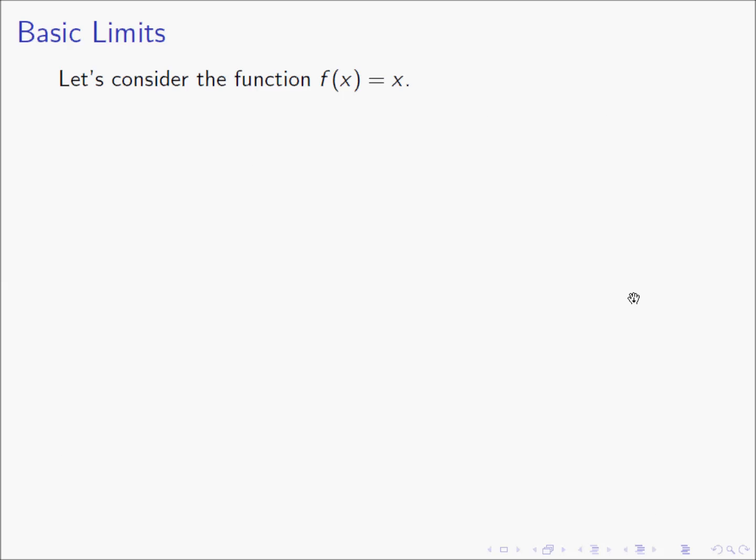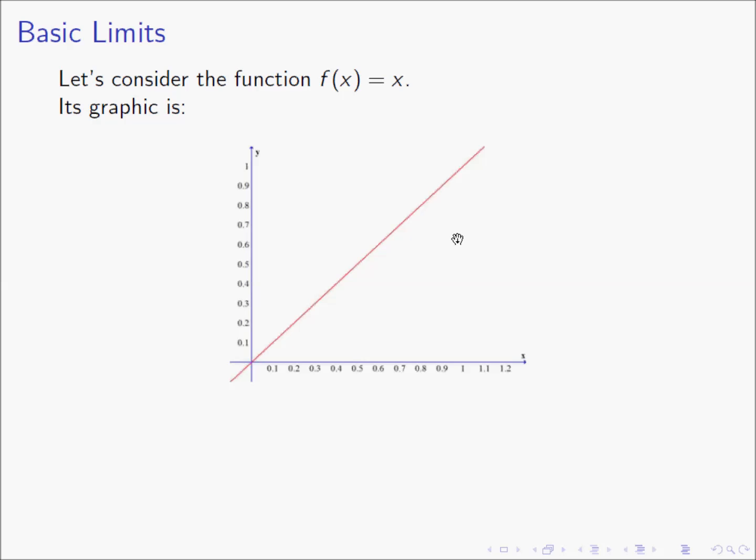And the first limit we're going to solve is the limit of the function f of x equals x. This is almost the most basic function you can think of. So the graph of this function is this straight line here. And we're going to fix a value a in the x-axis, and we want to calculate this limit.